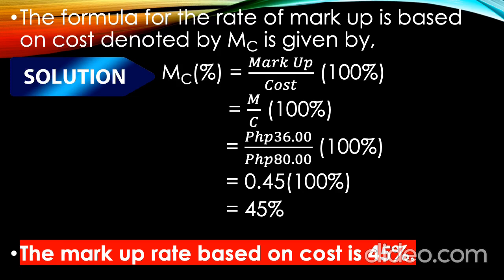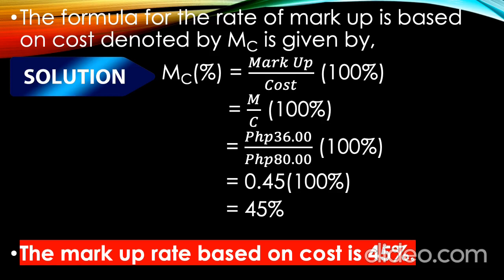So our markup is 36 pesos divided by the cost of 80 pesos times 100%. So we have 45 hundredths times 100%, which is equal to 45%. This 45% is our markup based on cost.